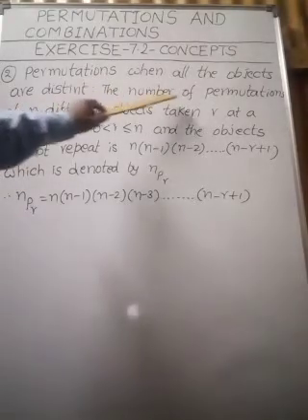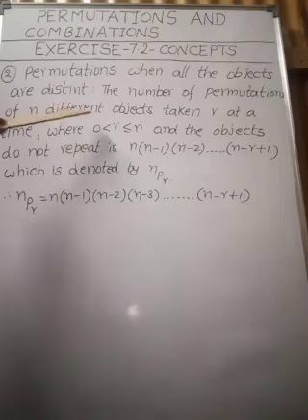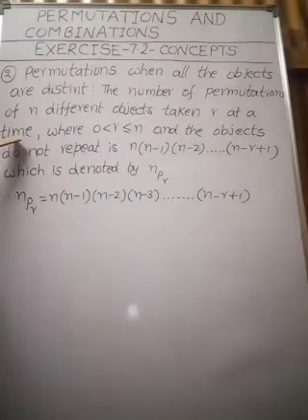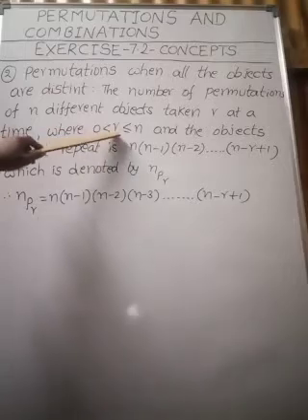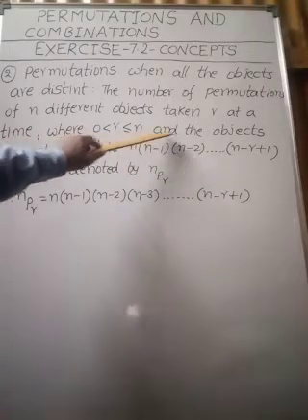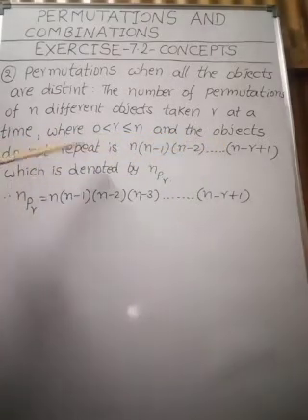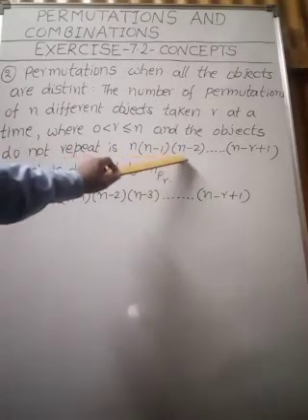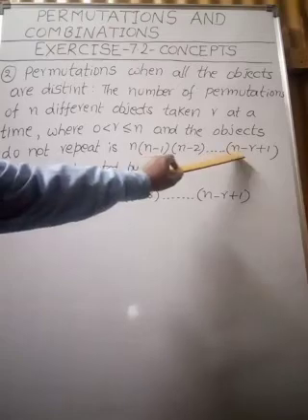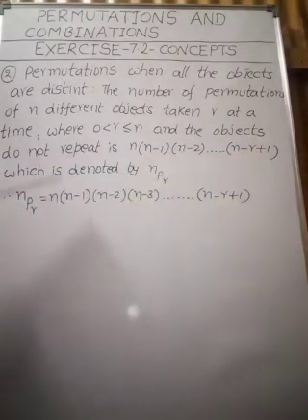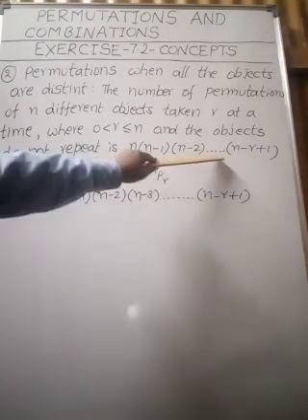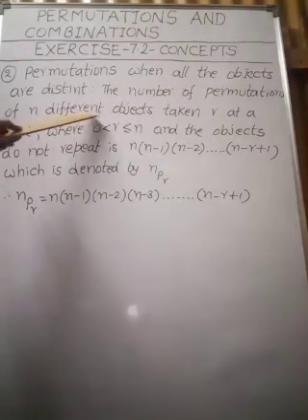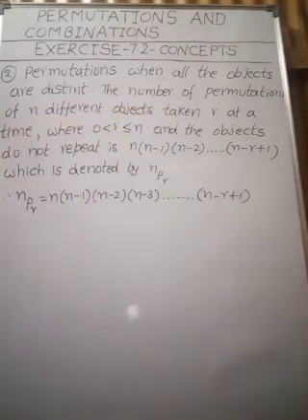See, the number of permutations of n different objects taken r at a time, where 0 is less than or equal to r, which is less than or equal to n, and the objects do not repeat, is n into n minus 1 into n minus 2 and so on, up to n minus r plus 1. This product denotes the number of permutations of n different objects taken r at a time.